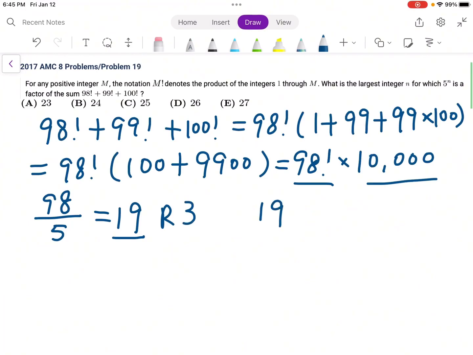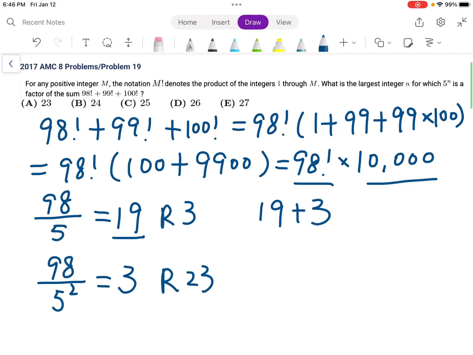We also need to consider how many numbers in 98 that has 25, which is 5 squared, as a factor, and that equals 3 with remainder 23. So that means we need to add another 3 for the power of 5.